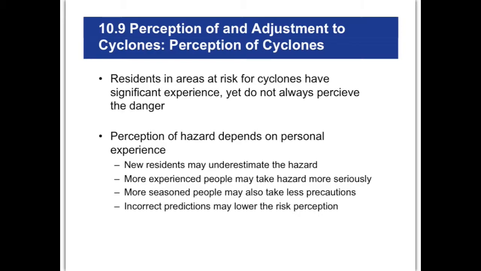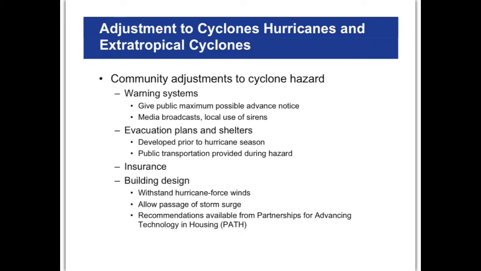You've probably seen this, where people take their houses and they board them up. They take plywood and stuff, and they put it over their doors and their windows and all kinds of stuff like that. That comes with experience. You may not know to do that if you just move there. So the more experience, the more likely you are to be prepared for when these storms come through.